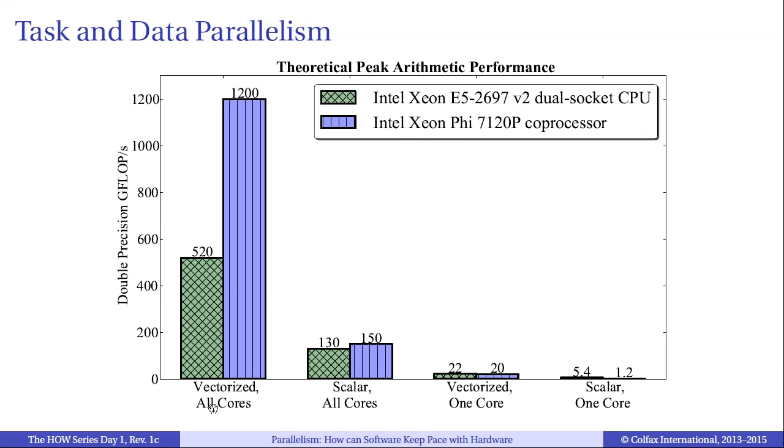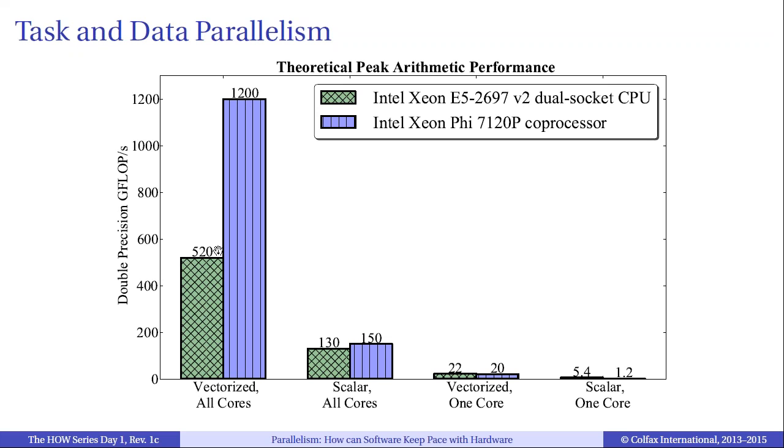This first set of bars shows the ideal case when I have parallelism that allows my application to use all the 61 cores and all of the vector units. I can get up to 1200 gigaflops per second in double precision on Xeon Phi and around half a teraflop per second on the Xeon.